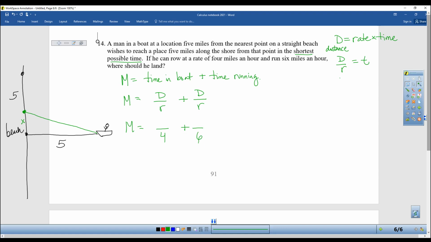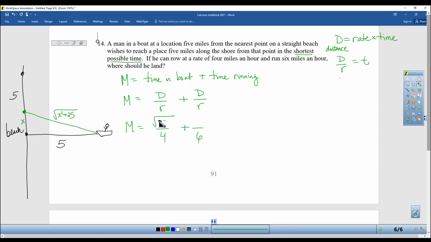His distance in the boat is going to be this green distance right there. What is that? Well, it's going to be the square root of x squared plus 5 squared, because it's a Pythagorean triangle.